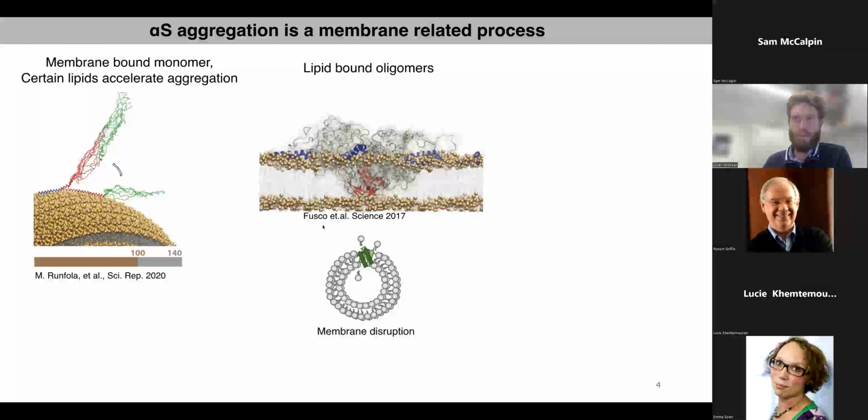But a paper in 2017 began to characterize one particular species which showed interactions with membranes, and a hypothesis has been put forward that these may be toxic due to disruption of membranes, possibly forming pores.